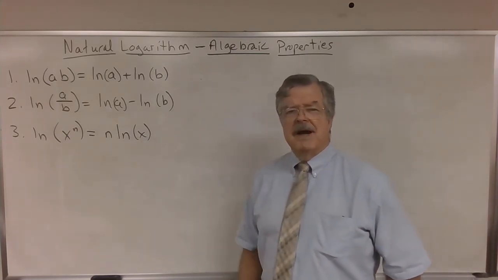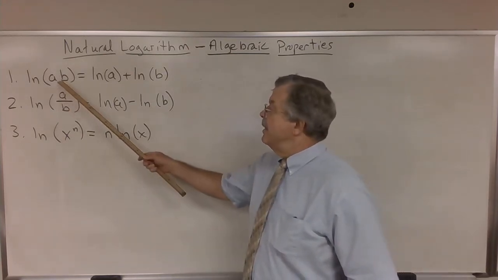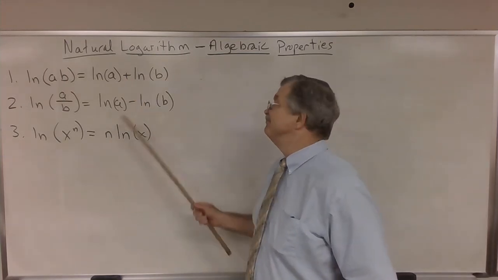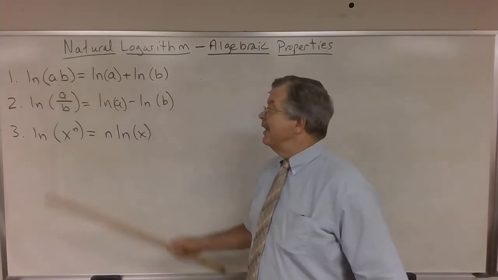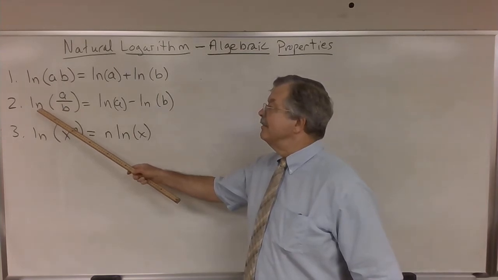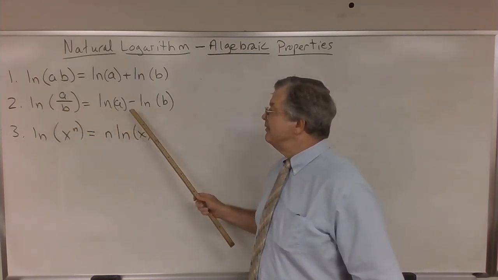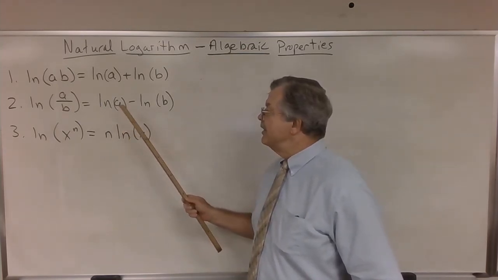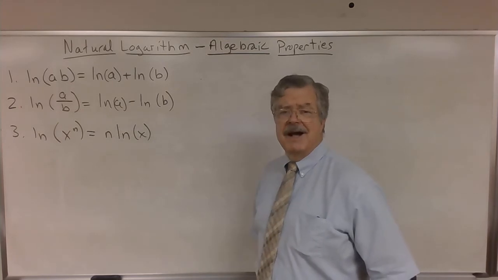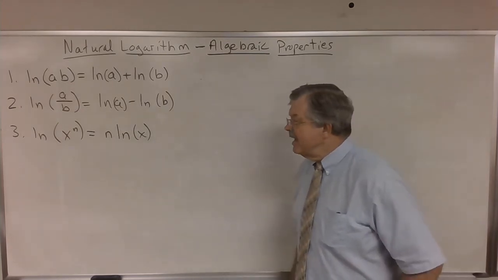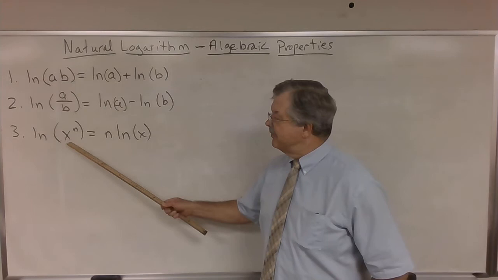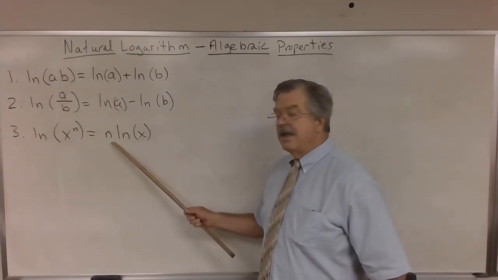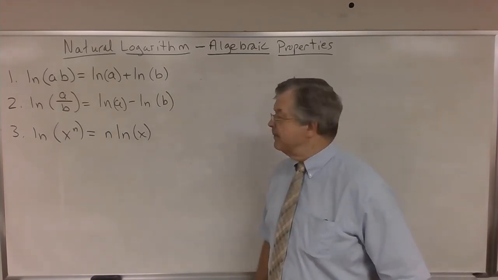And think about analogies. Multiplication is to division as addition is to subtraction. So the logarithm of a quotient is the difference of the two logarithms: logarithm of the numerator minus logarithm of the denominator. And then finally, a logarithm transforms exponentiation into multiplication in this manner.